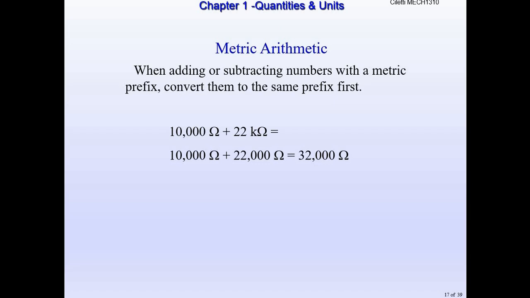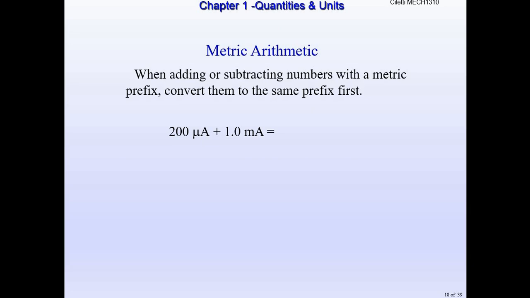That is incorrect, because 22 kilo ohms is 22,000. Remember, kilo is 10 to the third, meaning K represents 3 zeros after that number. So 10,000 plus 22,000 is 32,000. Or I could have written that first number, 10,000, as 10K, done 10K plus 22K, and gotten 32 kilo ohms. Both mean the same exact thing, 32,000 ohms of resistance.